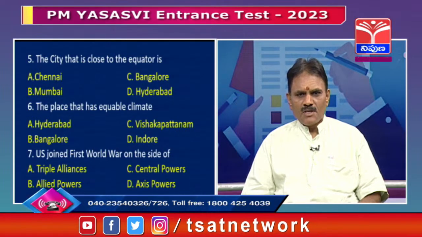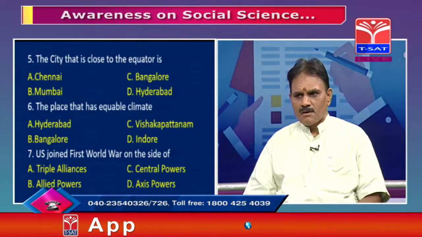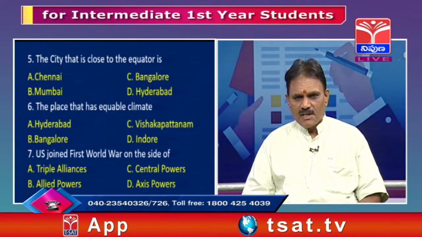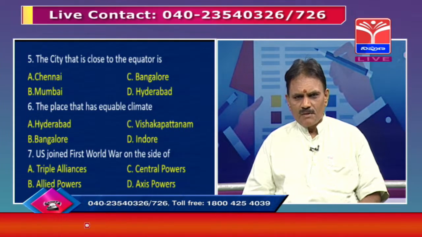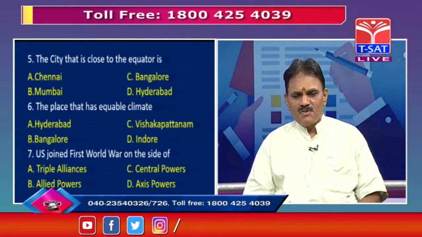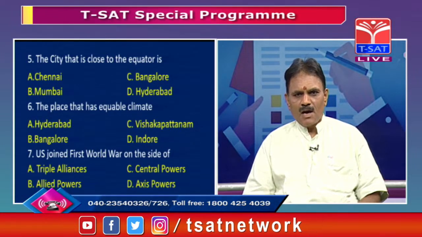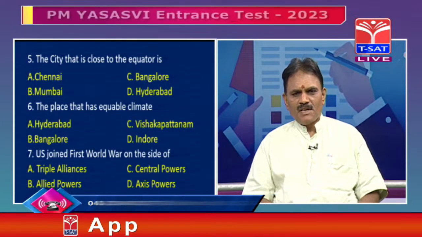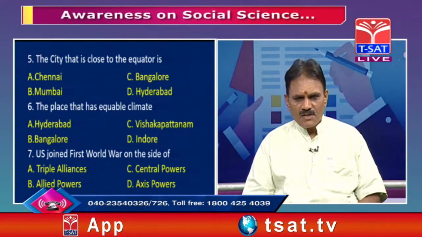Even in the world map there are countries on the equator. So understanding the map is very important, and it is not by-hearting; they have to observe closely which areas are near the equator and which are far.